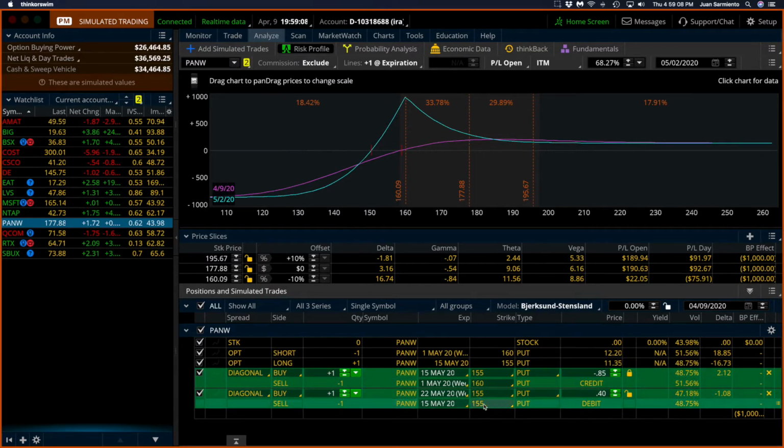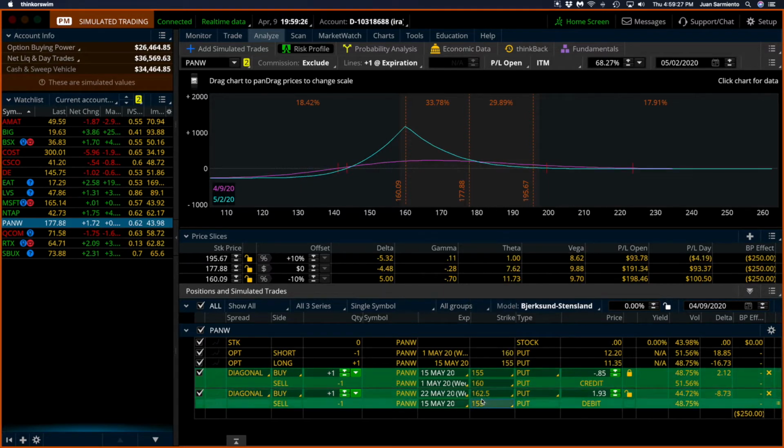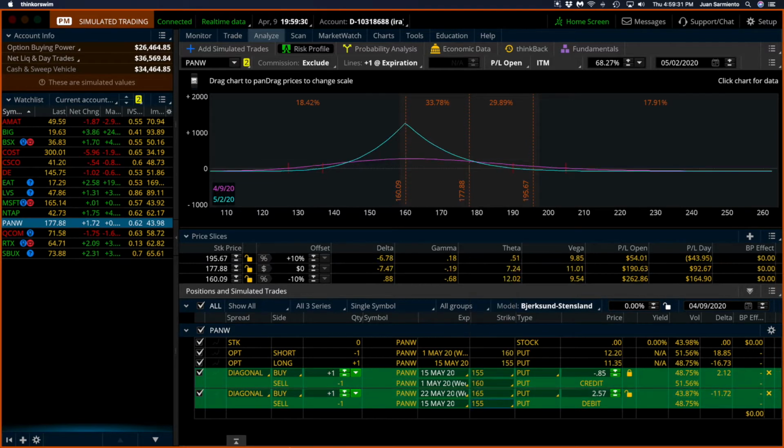I would sell my 55 put, and I will buy a higher strike price. And then it becomes a little more neutral. If I go 65, it costs me more money and is still too neutral. There, it becomes more of a calendar spread.